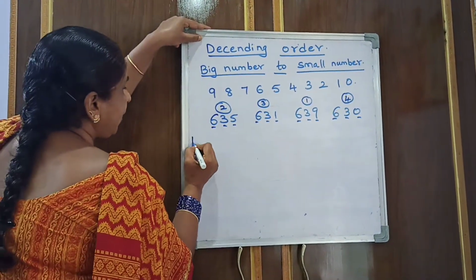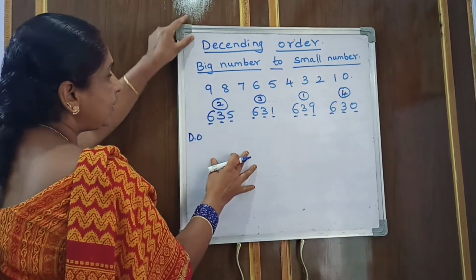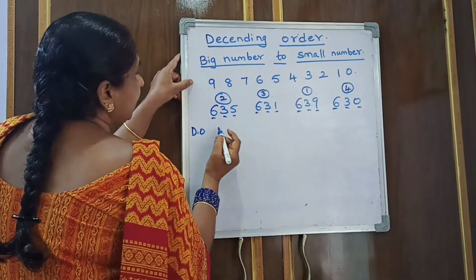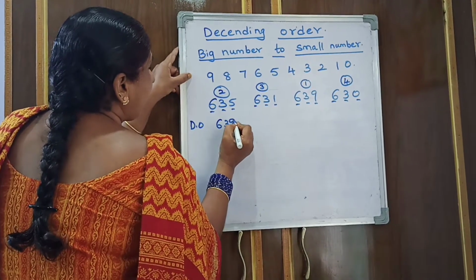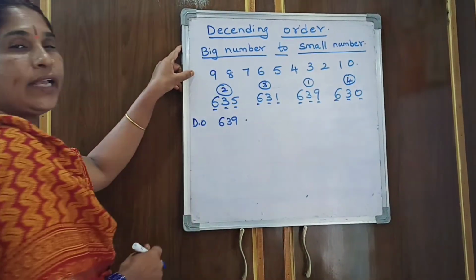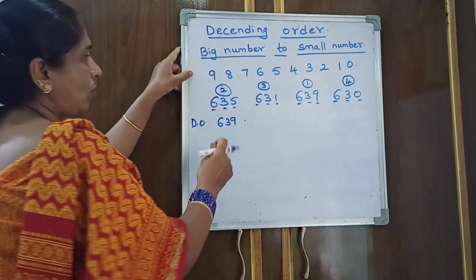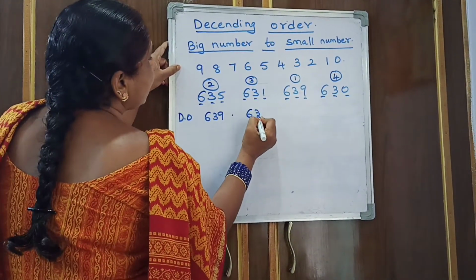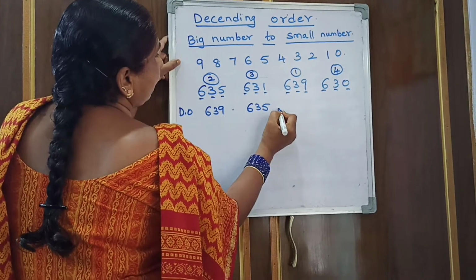Now here DO, descending order. See, what is the first one? 639. After writing 639, keep one dot and leave one box. Next biggest number, second one is 635.